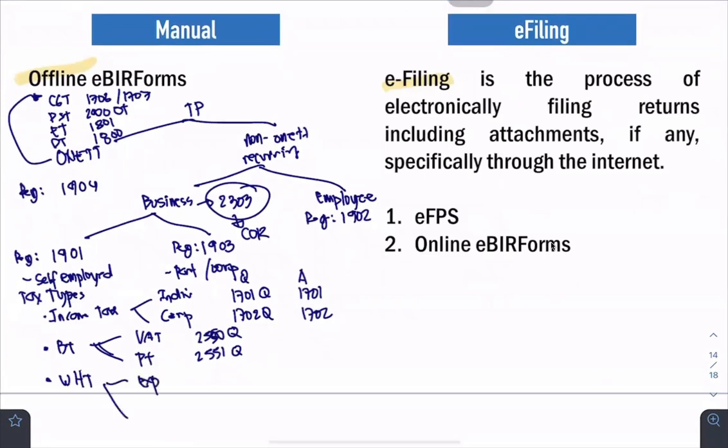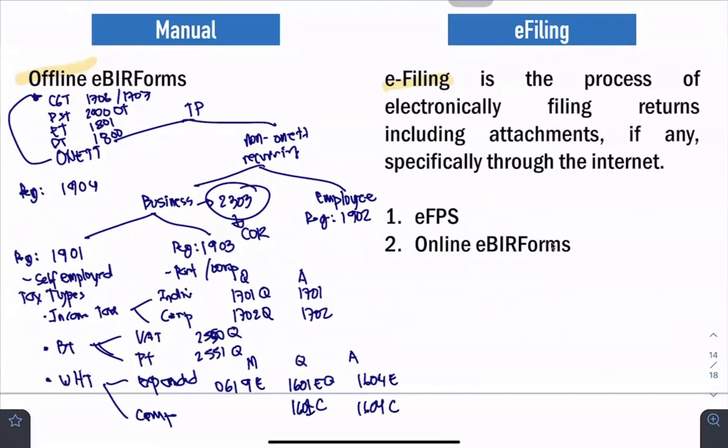We have here expanded, and we have here compensation. So monthly, quarterly, and annually. So this is 0619E, and then 1601EQ, and then 1604E. For compensation, we have 1601C and 1604C.